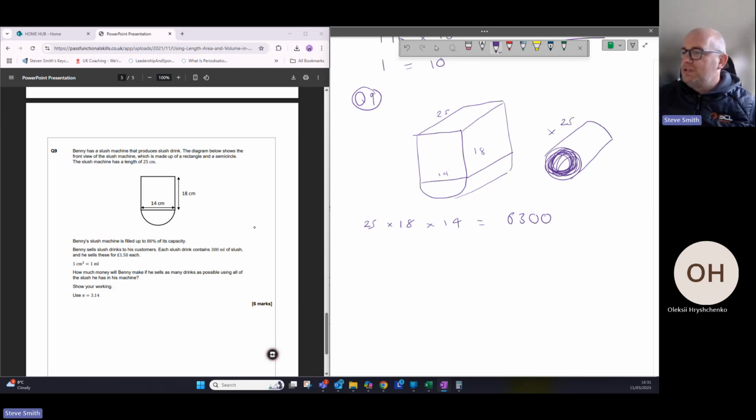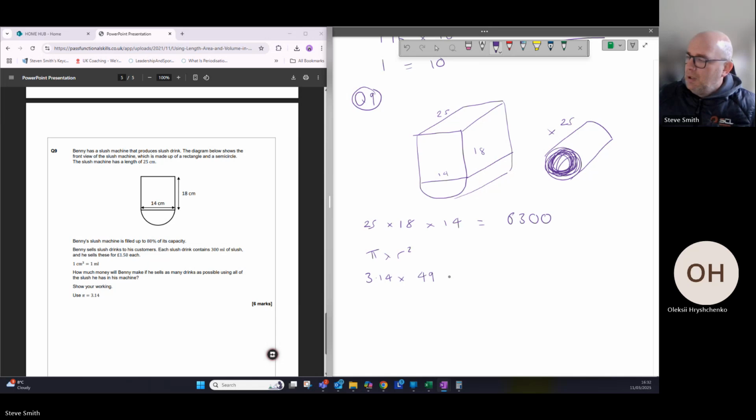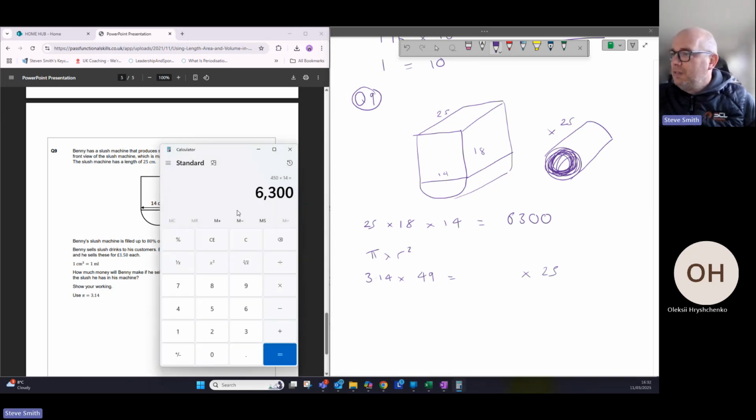To work out the area of a circle, we've got pi times radius squared. The diameter is given, so we half that number. The radius times radius, 7 times 7, is 49. Then that equals the area of that circle, and we times it by 25 to get the volume of that cylinder. But then we must half that number, because it's not a full cylinder.